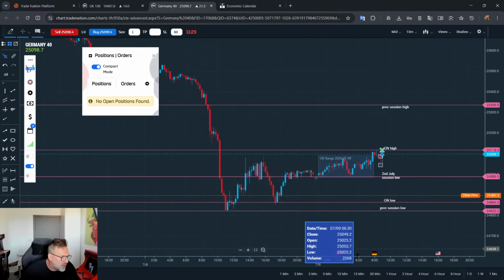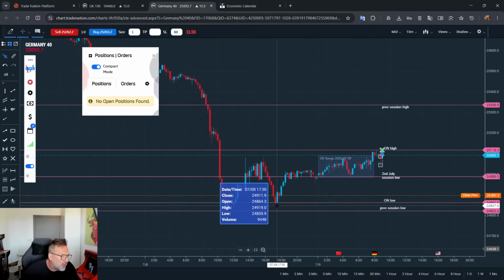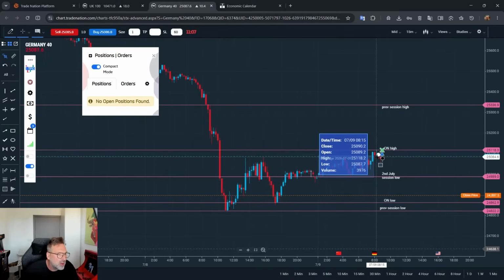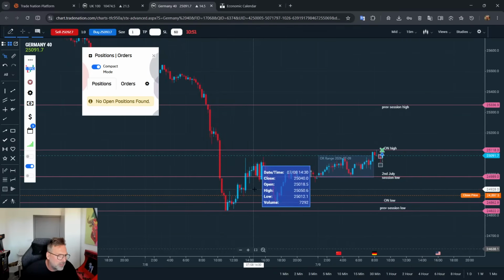So the overnight has a low that comes in at 24,859.9, and the high we just made from 8:15 to 8:30, half an hour before the market opened, comes in at 25,118.